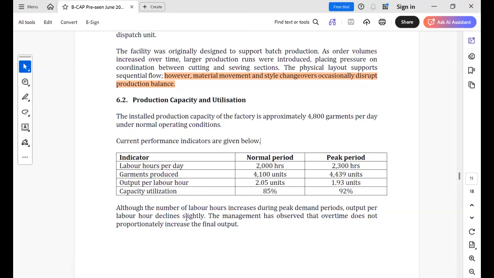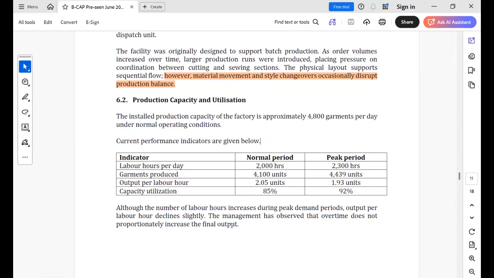Although the number of labor hours increased during the peak demand period, output per labor hour declined slightly, right? The management has observed that overtime does not proportionately increase the final output. So when you have a peak period, you have to pay overtime. But when you compare the overtime you are paying, it is not proportionate.